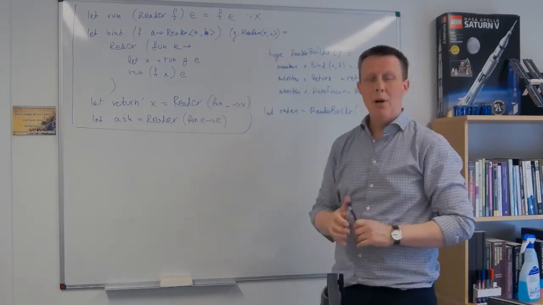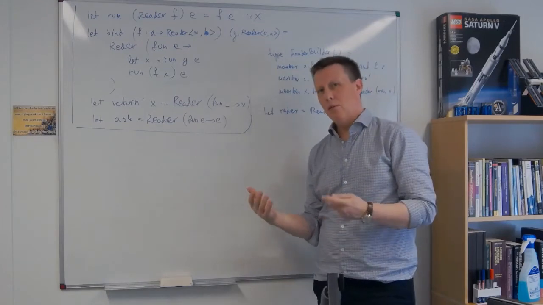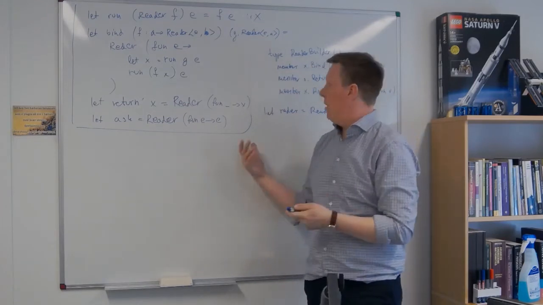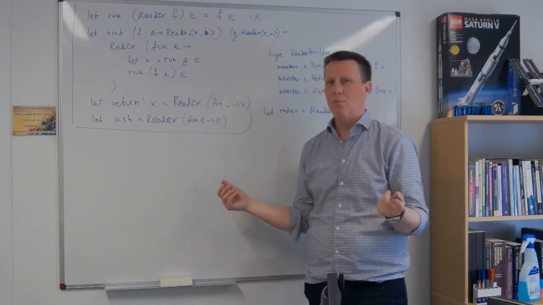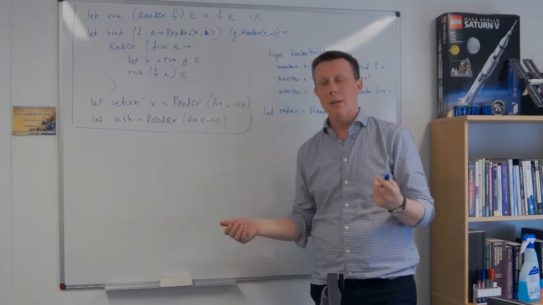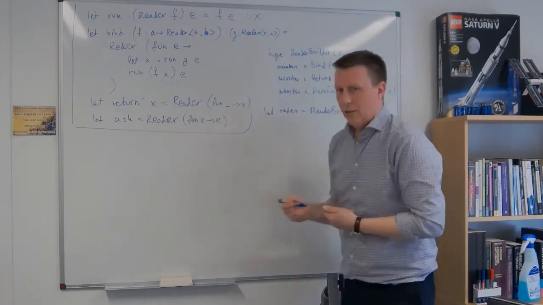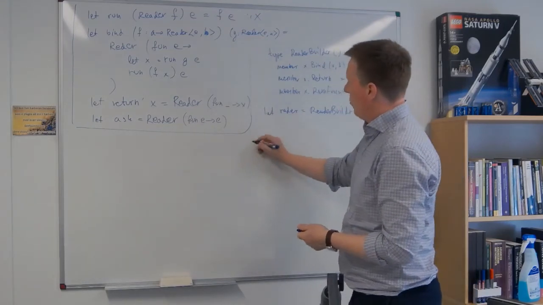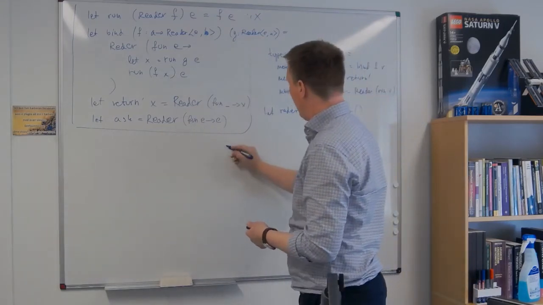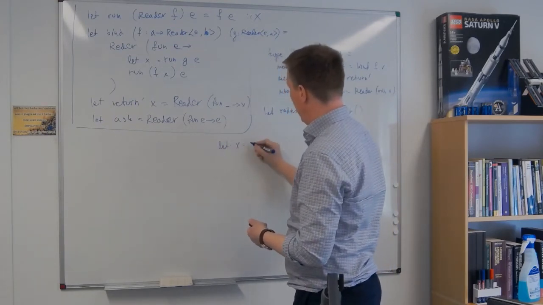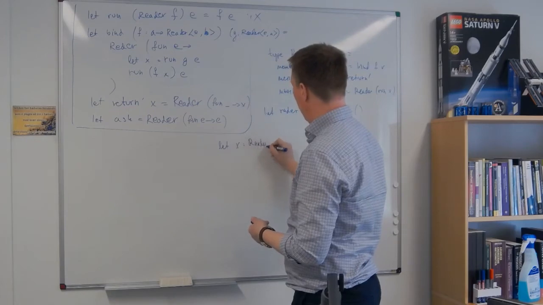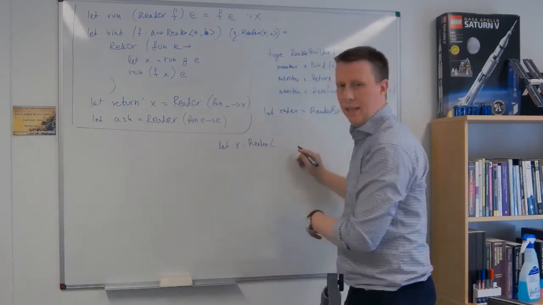Because remember, what we really wanted to do was get rid of this option thing all over the place, which was just annoying. So let's look at how we use this computation expression. Now I can write like this: let x, and I'm going to explicitly set the type for this x.